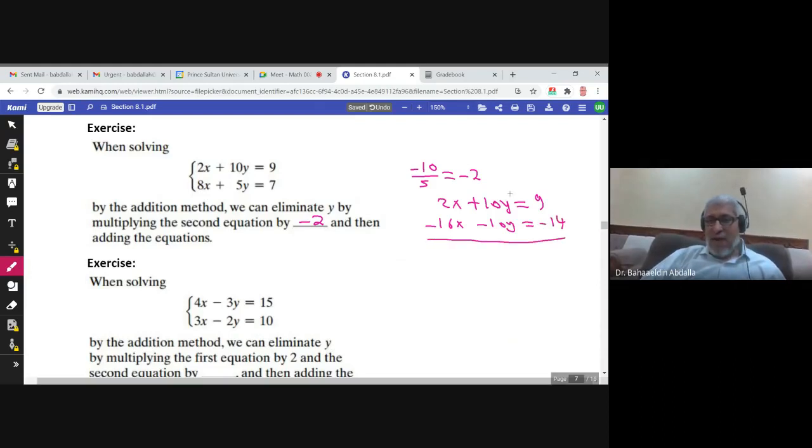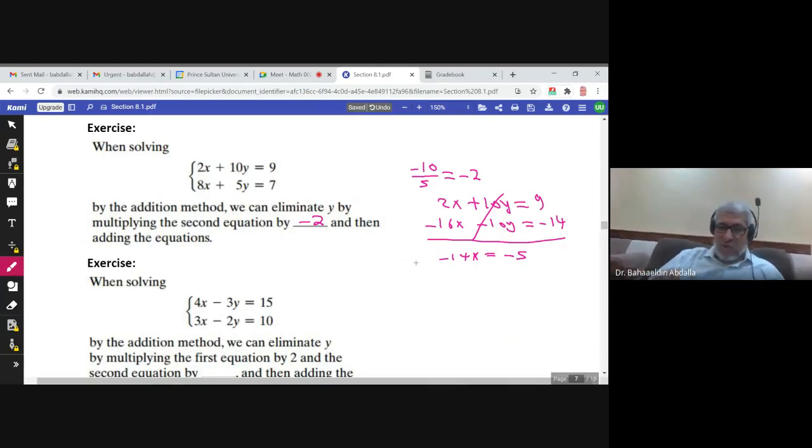And now if you add the two equations, y will be cancelled and you will have -14x equals -14 plus 9, which is -5. So now you can find the value of x, and then you substitute in any of these two equations and find the value of y.